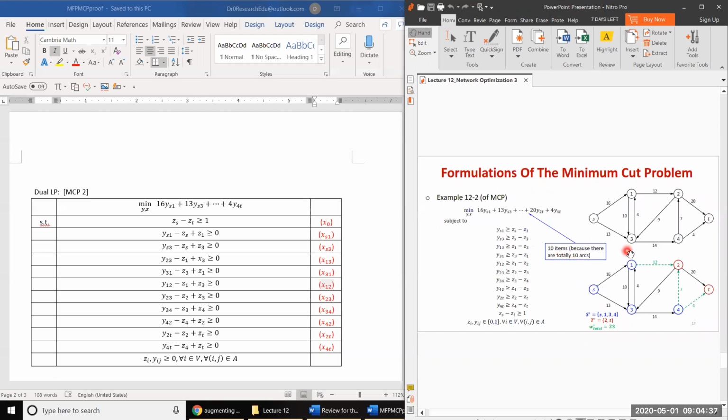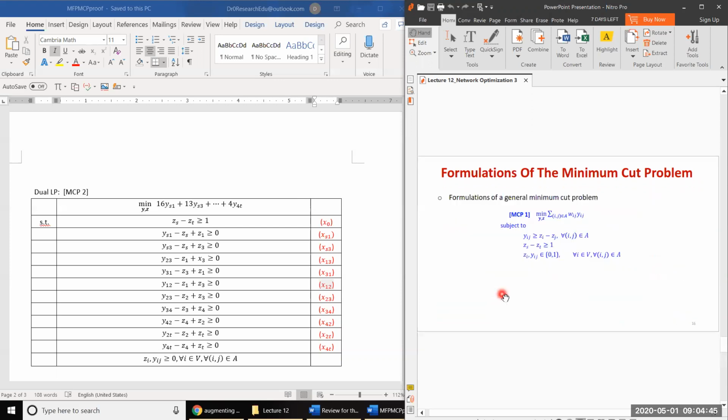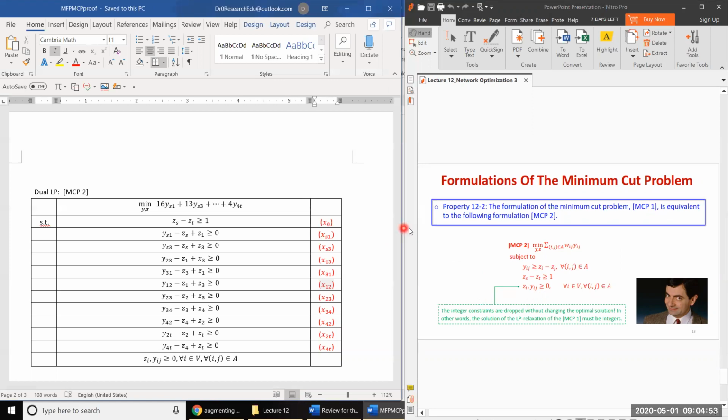Then again, you may ask, hey, you've already formulated it as a binary program, why do you want to make it continuous? The reason, in general, is that solving a continuous problem is much, not a little, much easier than solving an integer program.